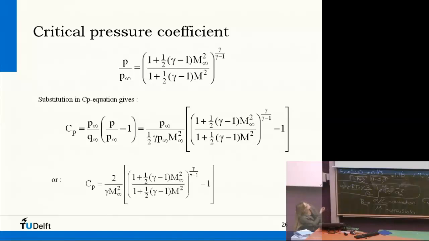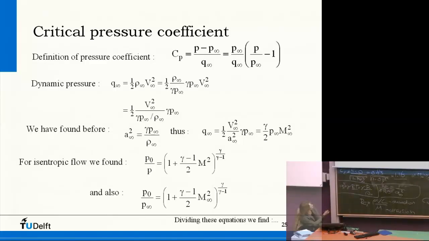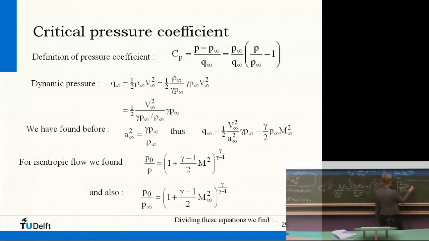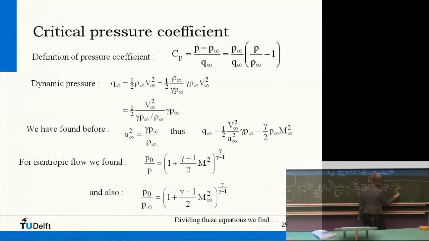Now what I do, I divide these to get rid of the P0. So that's the next step. I divide this one by that one, so I get P0 over P infinite, dividing by P0 over P. Dividing by this one is multiplying by the inverse, so this is the same as P0 over P infinite times P over P0.